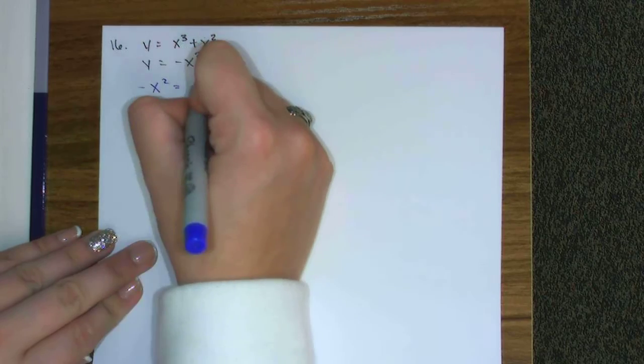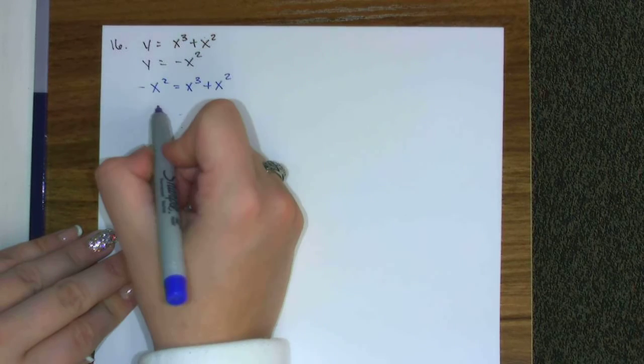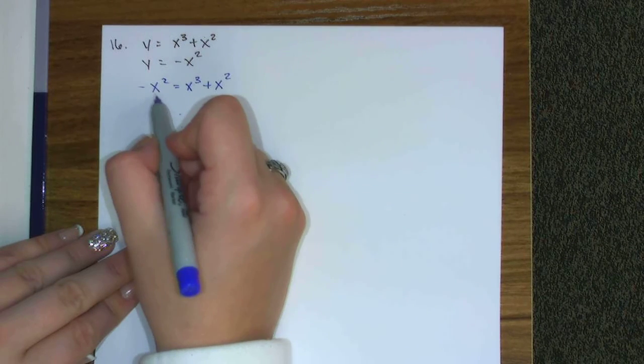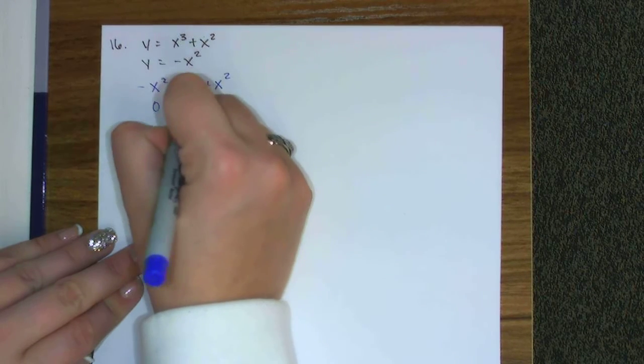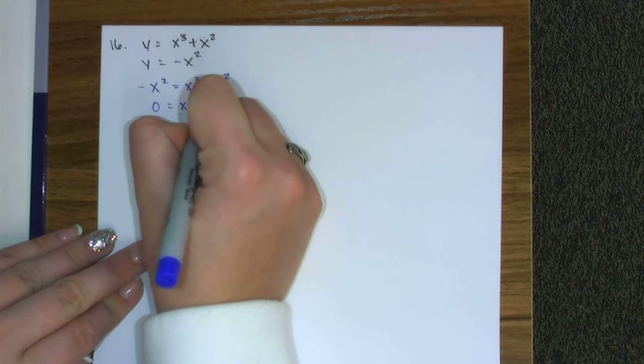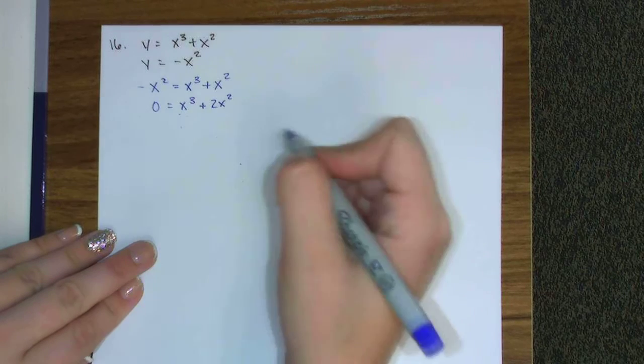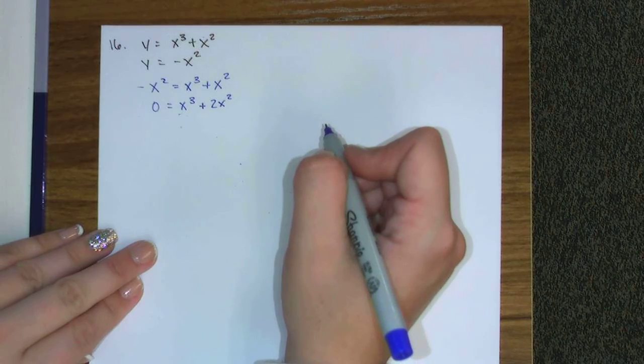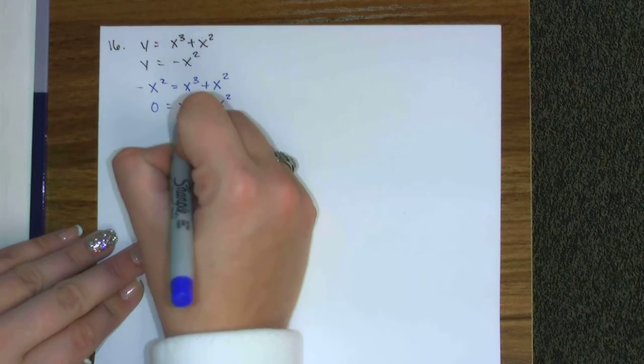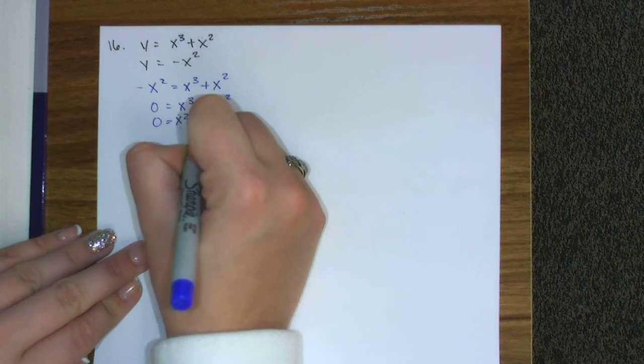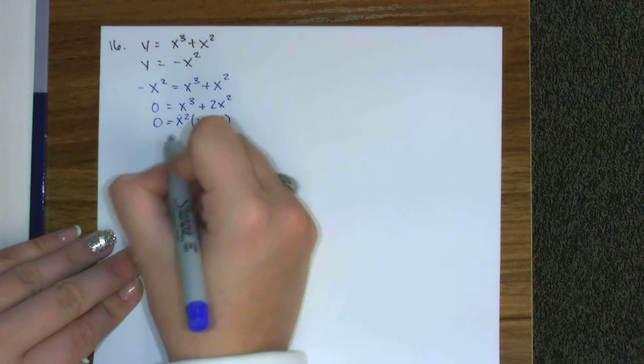So we get negative x squared is equal to x cubed plus x squared. So I'm going to add this over. So 0 is equal to x cubed plus 2x squared. I can pull out my x squared, x plus 2.